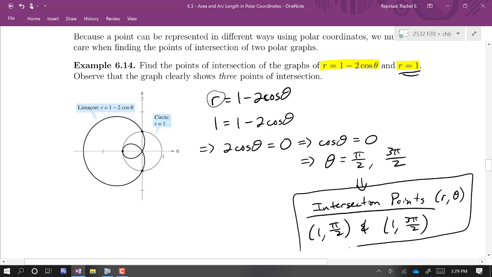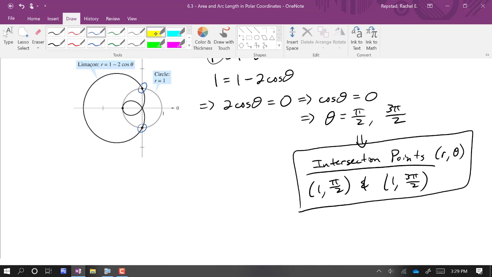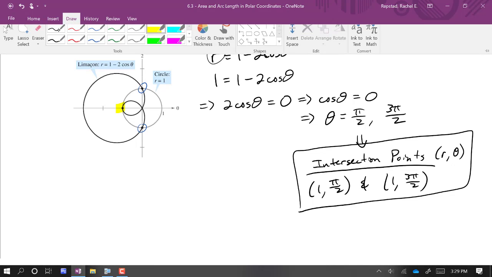Okay, so that's what we get when we solve the system of equations, but clearly we can see we're missing one. The ones that we found are this one and this one, right, at the top and the bottom of the circle. But there is a third point, so let's focus on that. What about that third point?